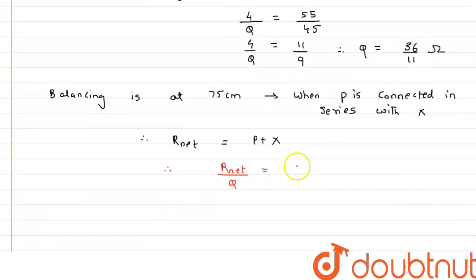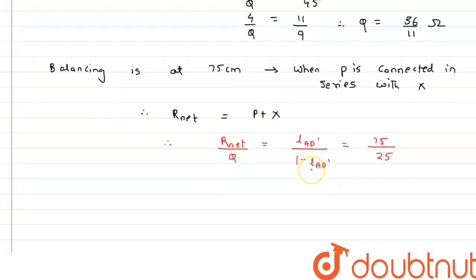So from here we can say AD dash over 1 minus AD dash, that is 75 by, and this will become 25, that is 100 centimeter, 1 meter is nothing but 100 centimeter, minus 75 is 25 centimeters.